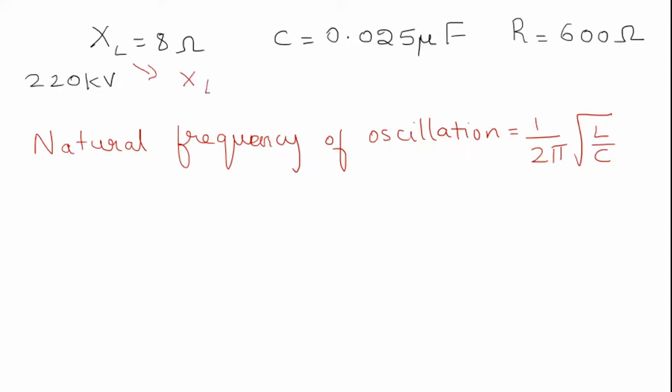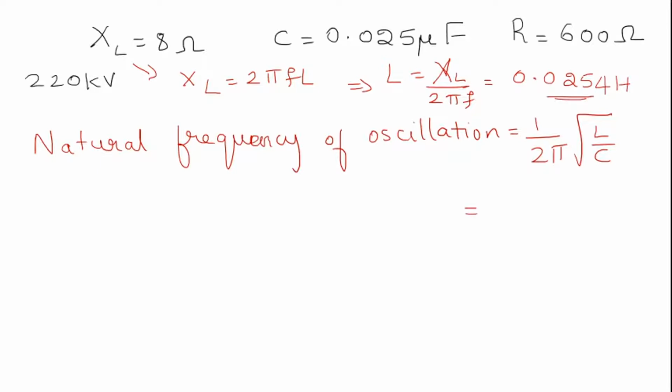XL is equal to 2 pi FL, so L is equal to XL by 2 pi F. On substituting, we get the value of L as 0.0254 henries. Substituting the values of L and C, we get the natural frequency of oscillation as 6.304 kilohertz.